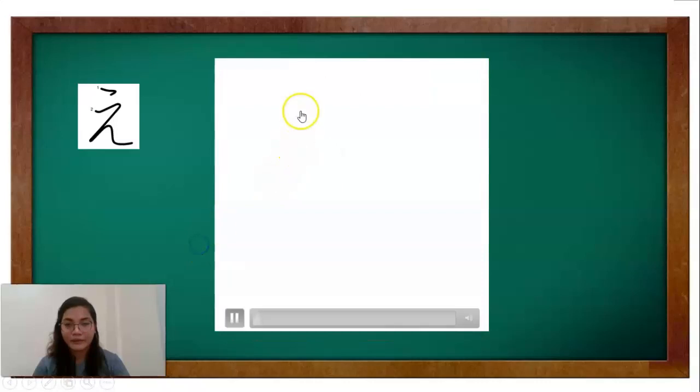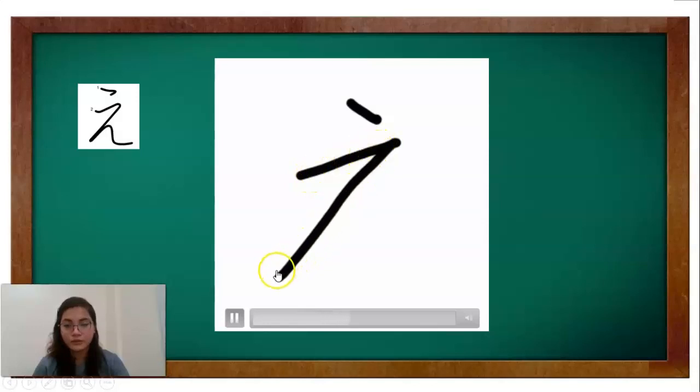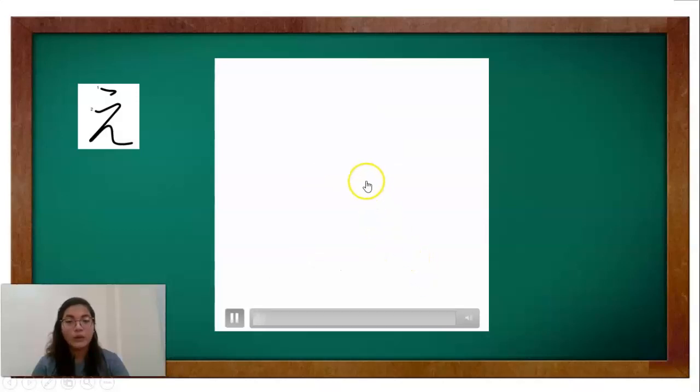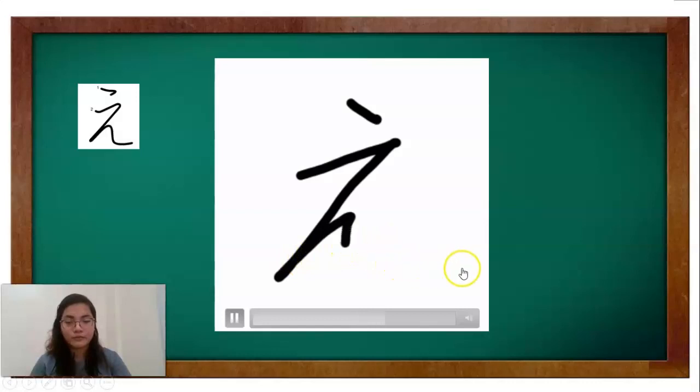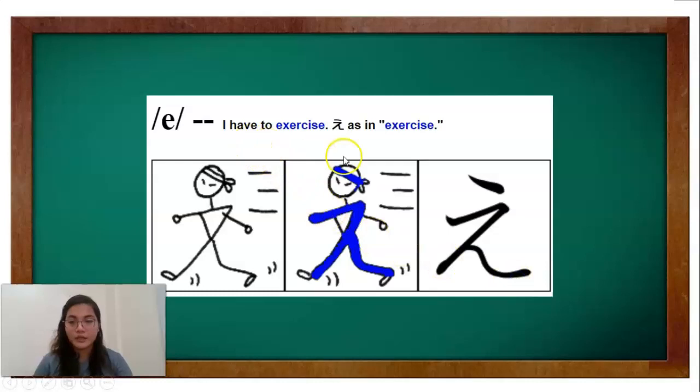Okay? Next is the Hiragana character E. E has 2 strokes. 1, 2. Okay, let's try it again. 1, 2. To easily remember this, imagine that you have to exercise.